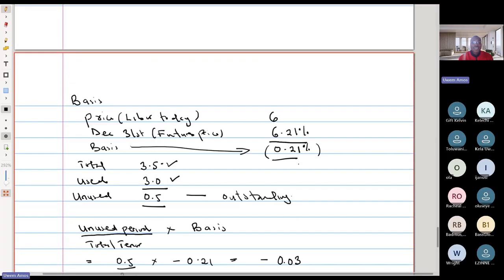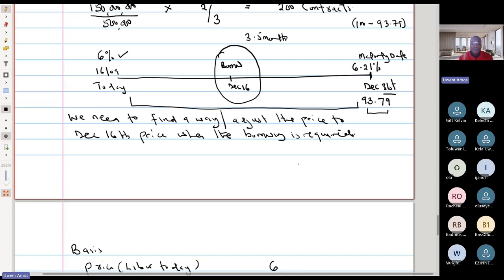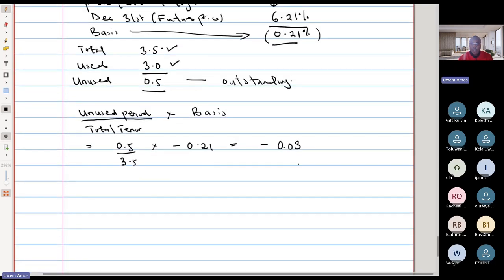All right, so that is our basis and remaining basis. So we need to adjust our price by this amount, because this is the price for the period that we're not going to hold on to the futures. It is called the remaining basis or outstanding basis.